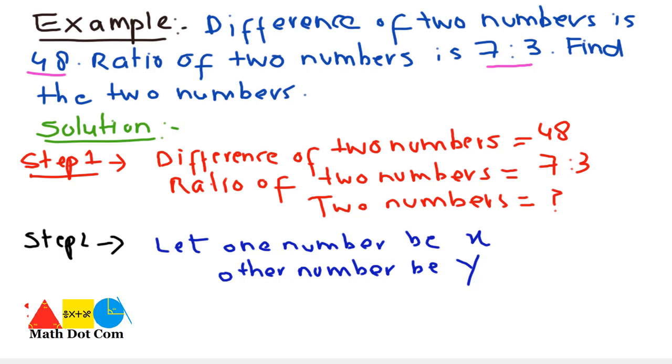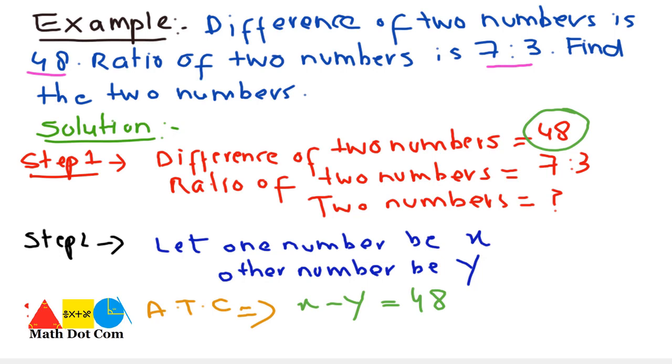So you will formulate the equations according to the conditions. The difference of two numbers is 48. The two numbers are x and y, so their difference will be x minus y, which is equal to 48.